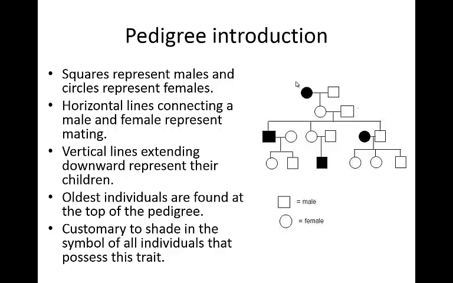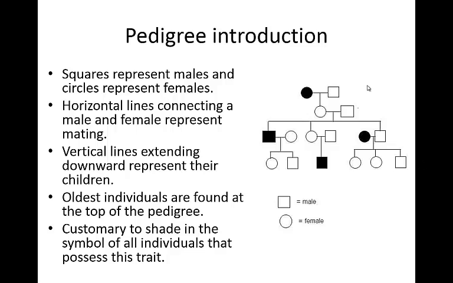So in this particular case, you had a woman and a man. They had one child, a daughter. Then she and another man had three children: two boys and one girl. Out of those children, this boy had 2 children, this daughter had 1 son, and this son had 3 children.